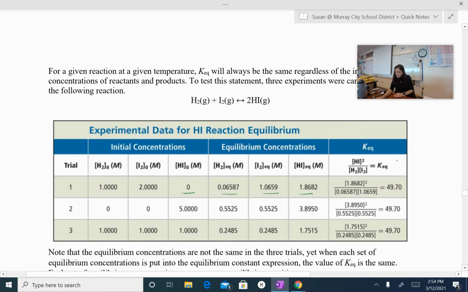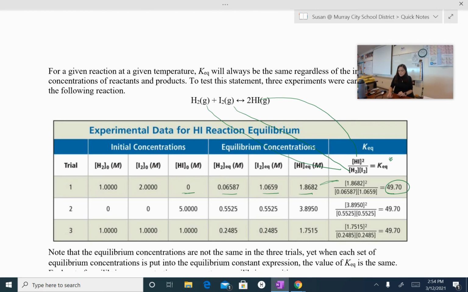Our equilibrium constant expression would be 2 hydrogen iodide squared over hydrogen and iodine. Do you guys agree with that? Okay, take a minute, make sure that looks right. Okay, so we take our equilibrium concentrations and plug them into this expression, and we get an equilibrium constant of 49.70. Okay?